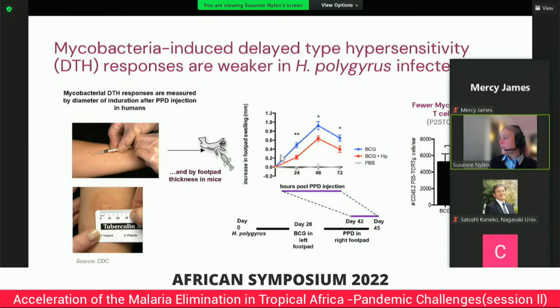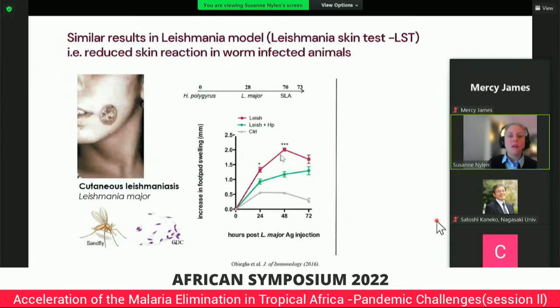Here we look in the ear because it's difficult to do in the foot. If we look at leishmania, we saw a similar effect, with the ones that had worms having a reduced swelling as compared to those that did not.